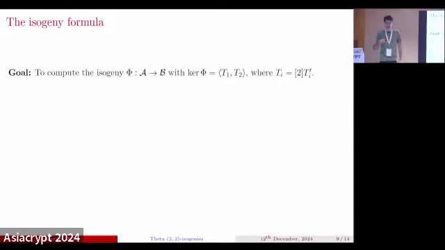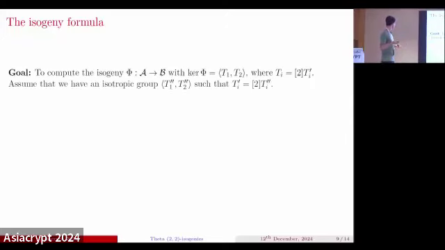Okay, now let's use the duplication formula to compute isogenies. Again, suppose that we are in this scenario. We want to compute this isogeny phi, whose kernel is the group generated by T1 and T2, where Ti is twice Ti prime.